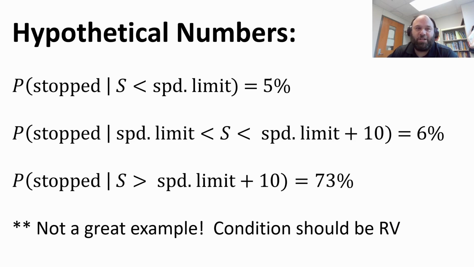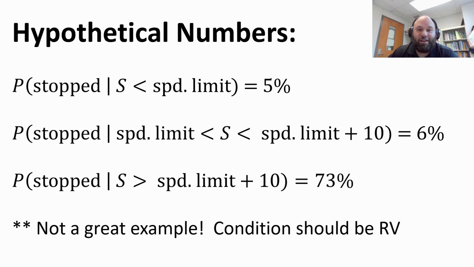Remember, there are other conditions, but it's a little bit more likely than if you were driving less than the speed limit. Finally, the probability of getting stopped if your speed is larger than 10 miles over the speed limit, I would say 73%. So highly likely. Right? You drive by a cop, and if your speed is 10 miles or more larger than the speed limit, they're probably going to pull you over unless they've got something else that they're responding to.